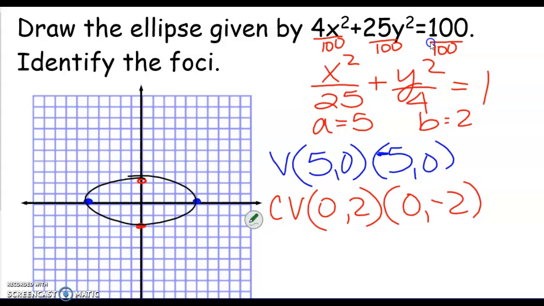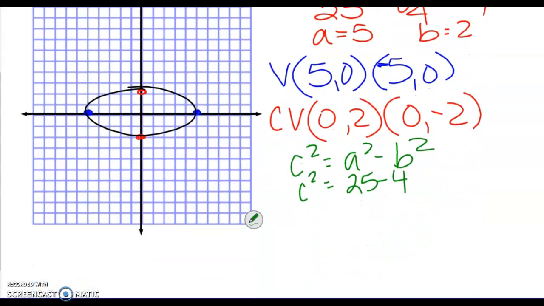So for the foci, I've got c squared equals a squared minus b squared. So c squared equals 25 minus 4. So that's c squared equals 21, so c is plus or minus square root of 21.